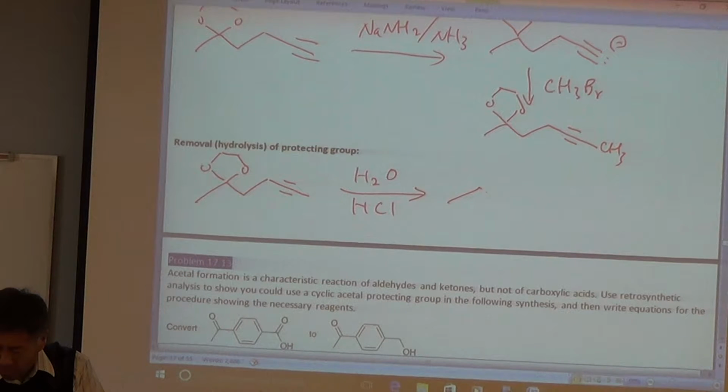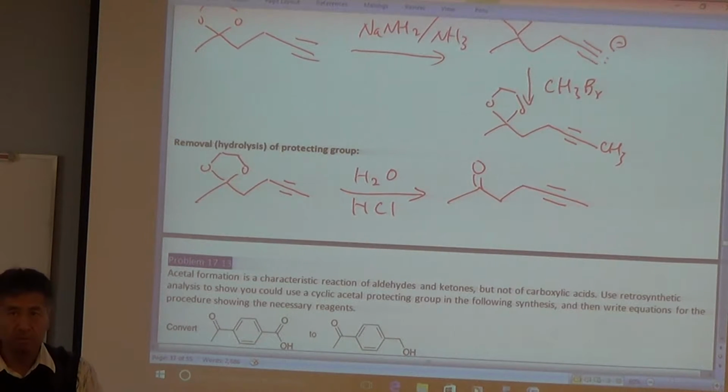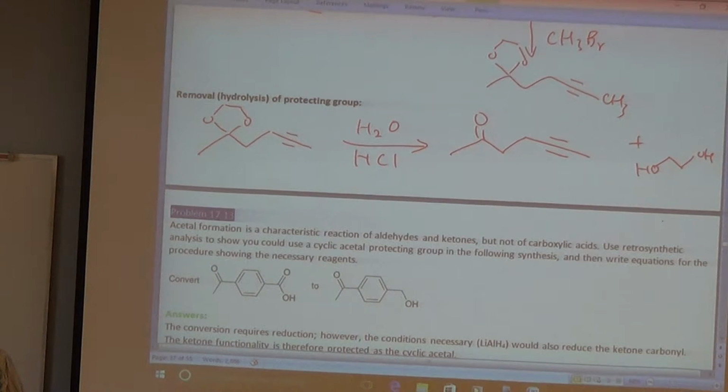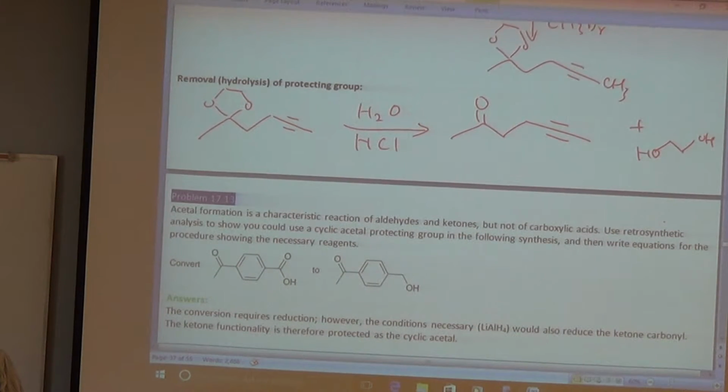And that will get rid of the acetal and recover your ketone, plus your ethylene glycol. And this is OH. Any questions or comments?